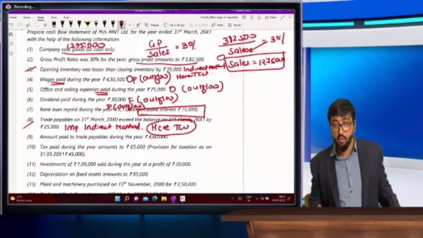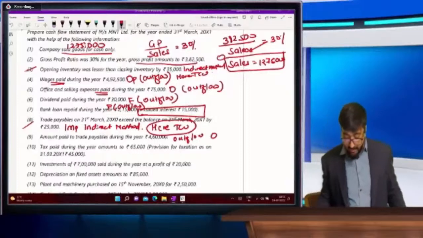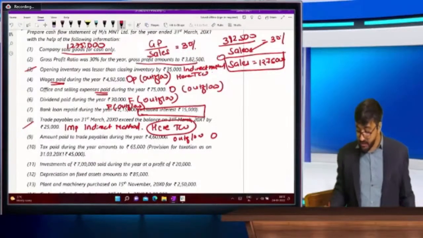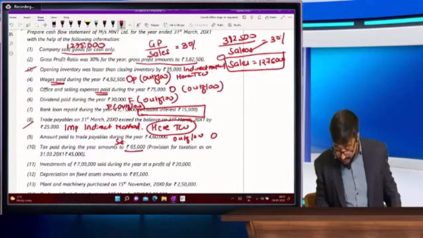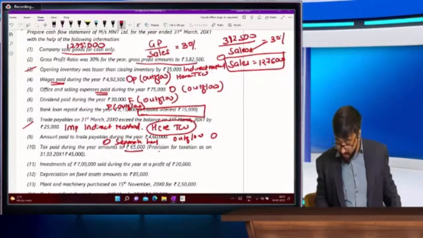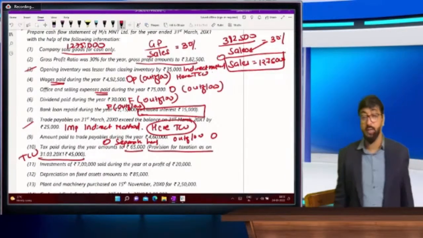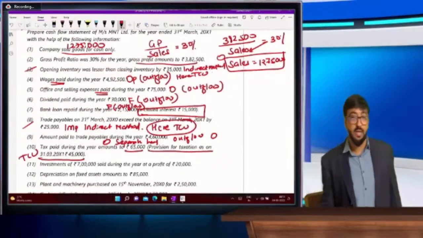Amount paid to trade creditors, outflow, operating activity. Tax paid 65,000, separate head, operating activity. Provision for taxation to confuse us.